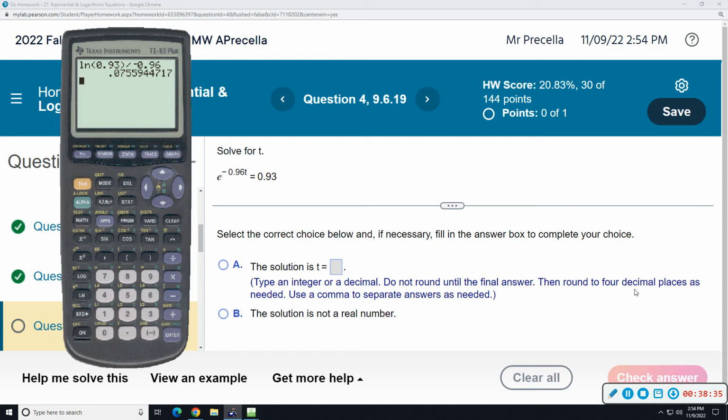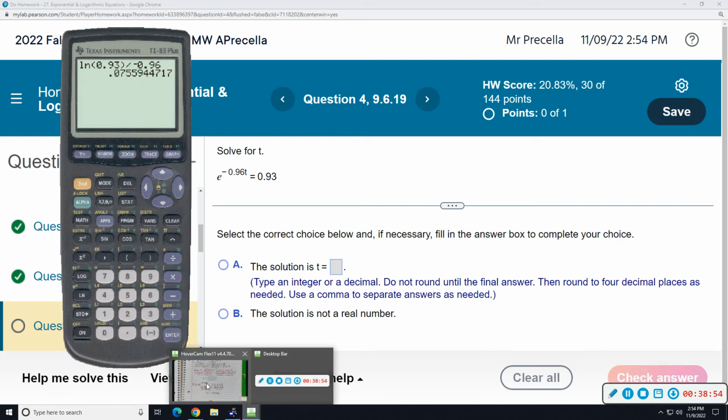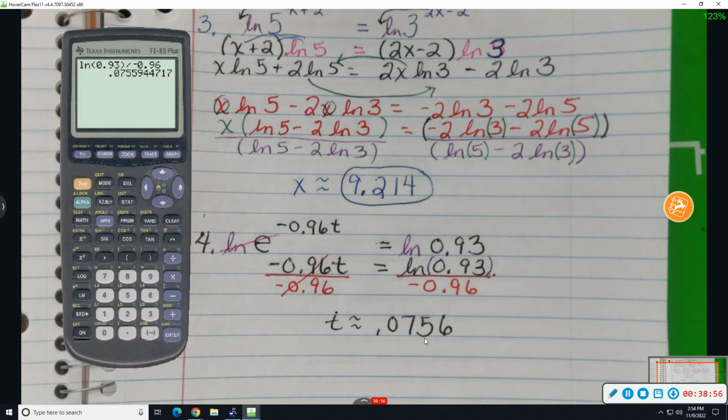That second 5, are we going to leave it as a 5 or make it a 6? What will I do with this? 6? Yeah, the digit after the 5 is a 9, so round up. 0.0756 is how I would round it.